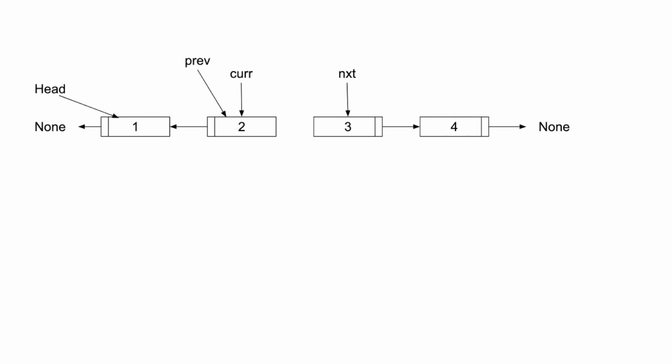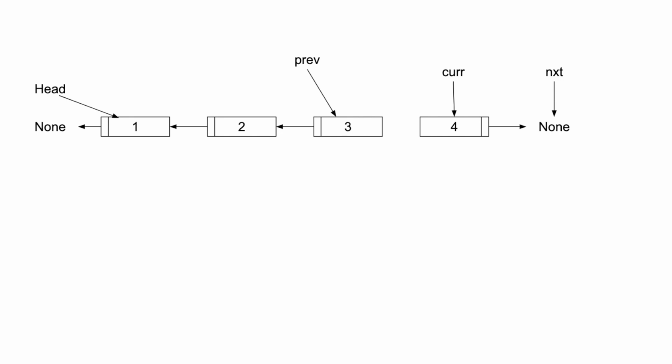Similarly prev will move forward using cur, and then cur will move forward using nxt, and then nxt will move forward using cur dot next, which is 4, and then cur's next, which is 3's pointer, will be flipped, and it will point to prev, which is 2, and prev will move forward using cur, and then cur will move forward using nxt. nxt will proceed using cur dot next, and now we are going to flip again.